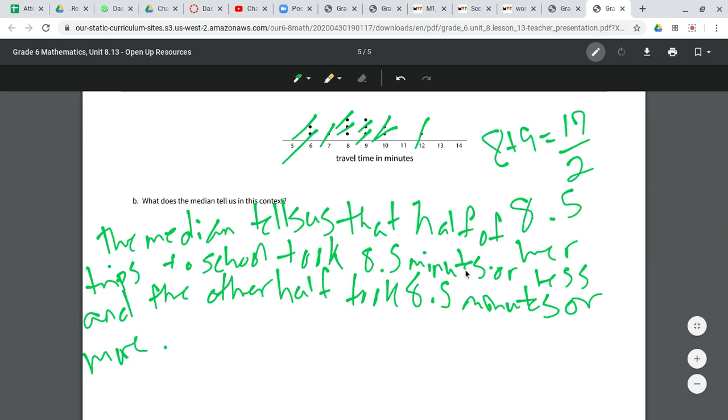So median is right in the middle. It's showing us a perfect middle or a perfect half of our data set.